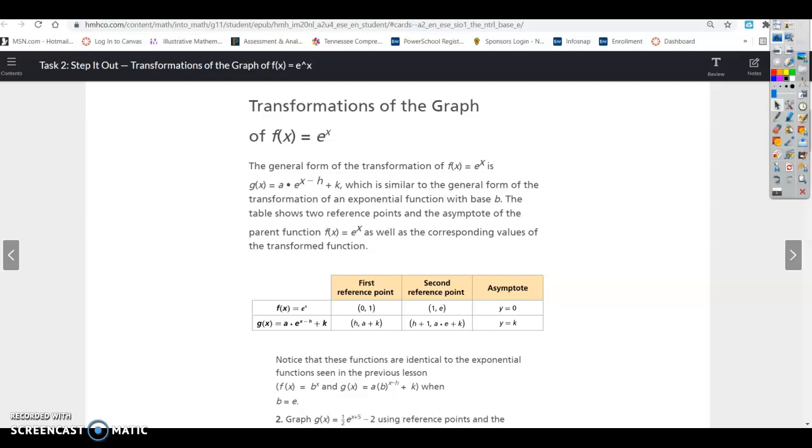So it says the general form of the transformation of f of x equals e to the x is g of x equals a times e raised to the x minus h power plus k, which is similar to the general form of the transformation of the exponential function with base b. The table shows two reference points and the asymptote of the parent function f of x equals e to the x, as well as the corresponding values of the transformed function.